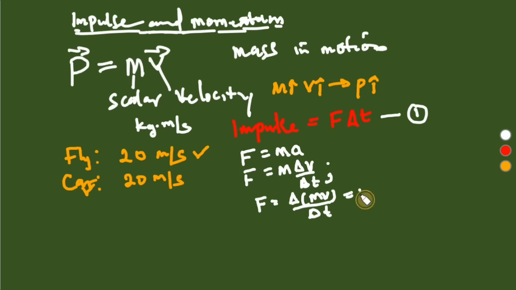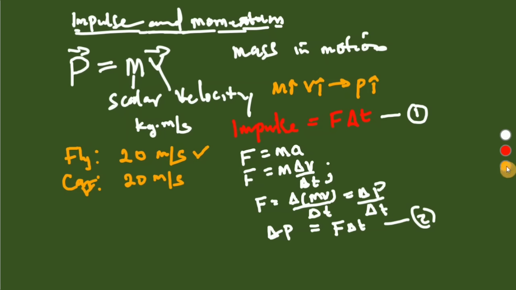So this is change in momentum, since momentum is product of mass and velocity, over change in time. So if we cross multiply, you now see that change in momentum will be given as product of force and time. So let's call this equation 2.